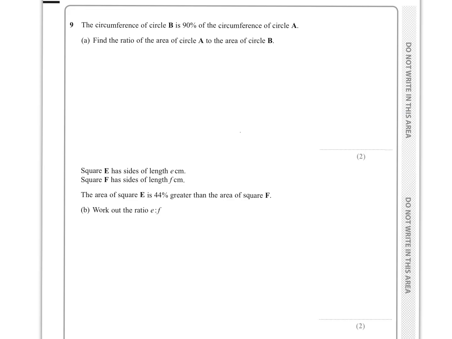Question 9. It says the circumference of circle B is 90% of the circumference of circle A. Well, let's have a look. So if we have the circumference of circle A, let's say that is C, then circle B is 90% of that, so that will be 0.9 C. And we want to find the ratio of the area of circle A to the area of circle B. Well, let's have a look at the ratio of these in terms of circumferences, which is lengths.